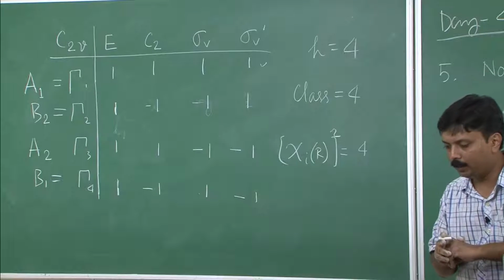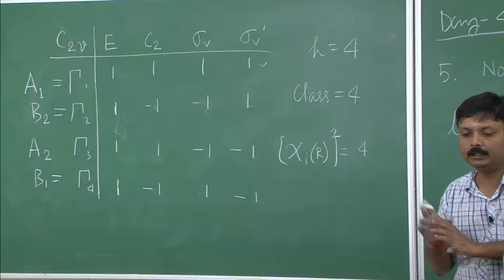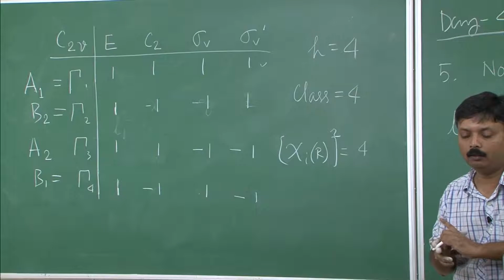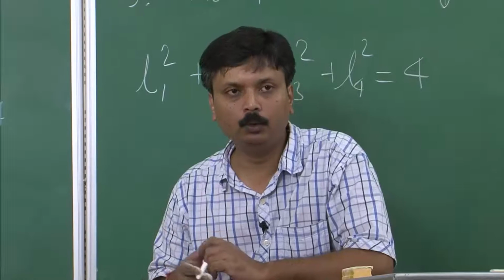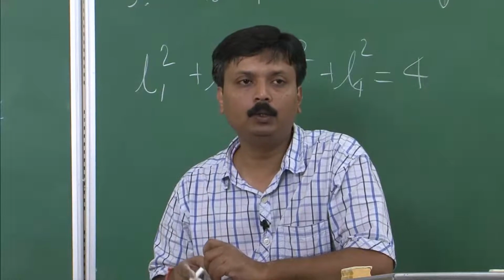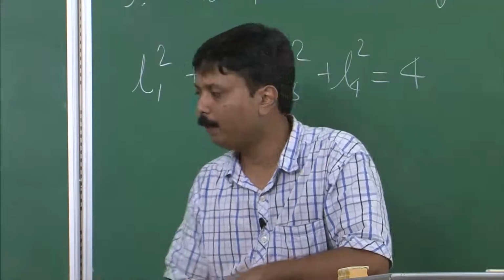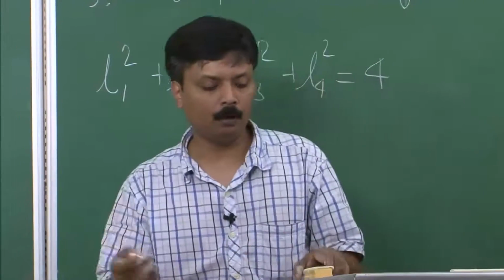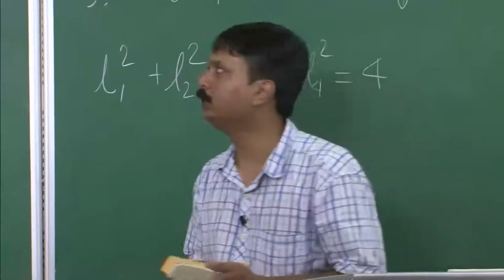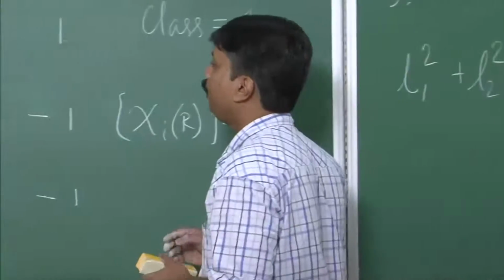That kind of exercise we will need to do when we particularly do the normal mode analysis. That will be coming probably in the 7th week of this lecture series.